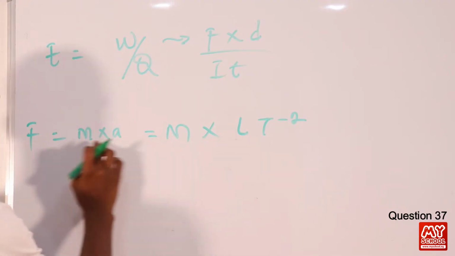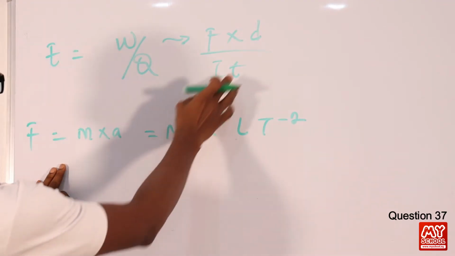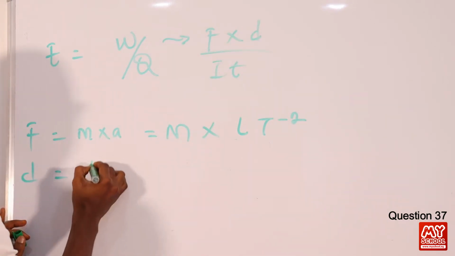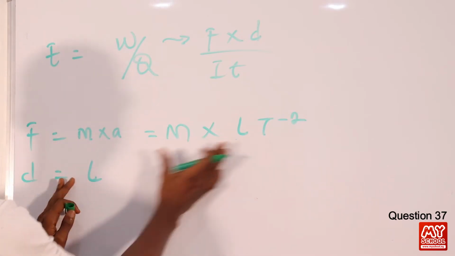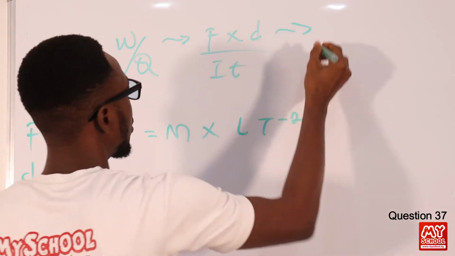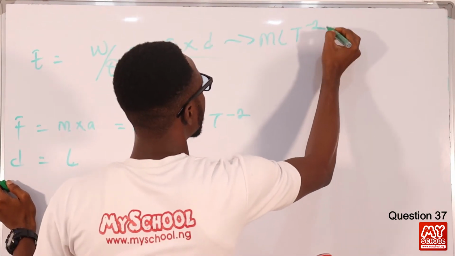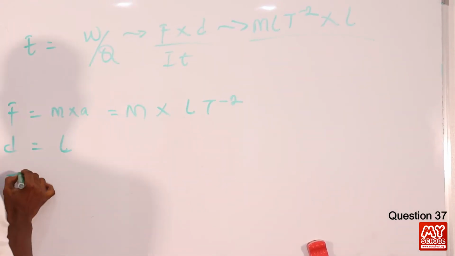So this is for mass and this is the dimension for acceleration. So we've picked this apart. Then we still have another distance here, that is for length, right? So this is L. So basically at the top we have this put together. Okay, so let me just settle this. M L t raised to the power minus 2 times L, right, over, we know that I is current.